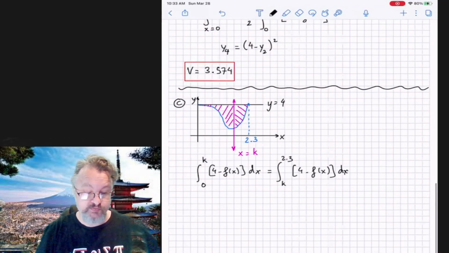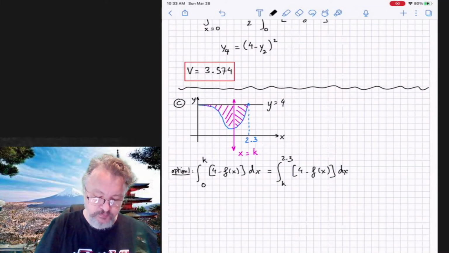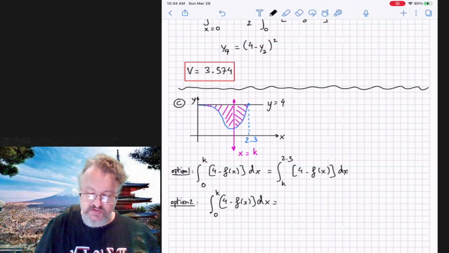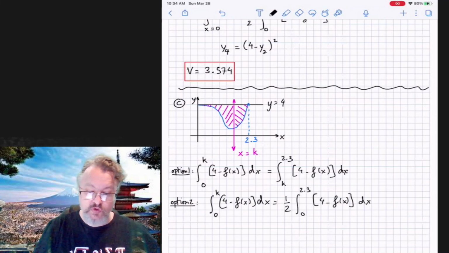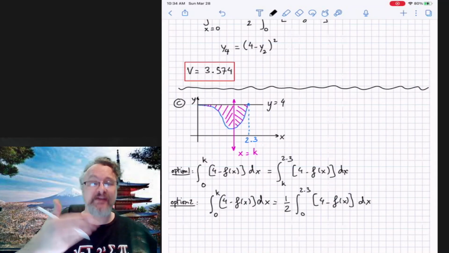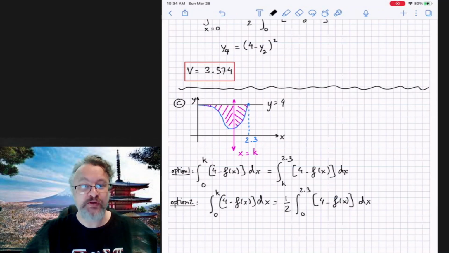We could do it like this. That's option 1. And I'm pretty sure that this would be perfectly acceptable. Option 2, we could also say that the integral from 0 to k of 4 minus f of x dx is equal to 1/2 the integral from 0 to 2.3 of 4 minus f of x dx. Okay? So you have different options right there. But since the question is just about setting up the problem and not solving it, essentially we can conclude that we are done with this one.